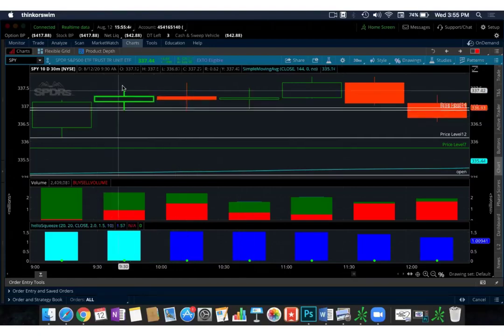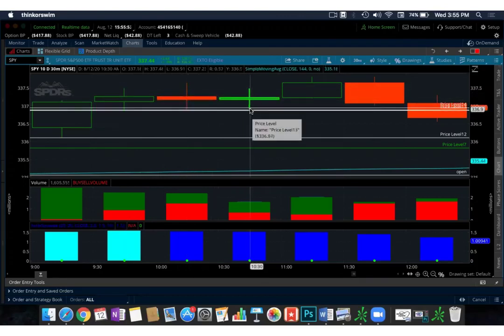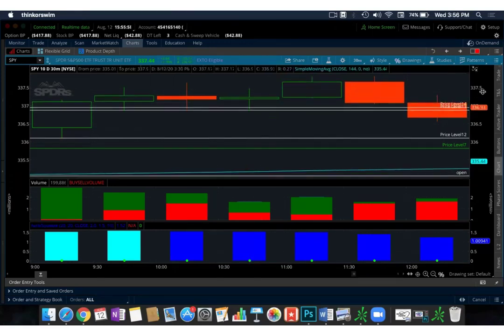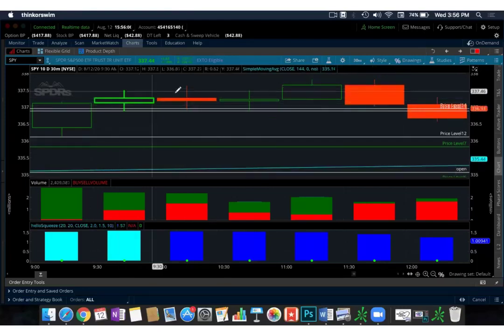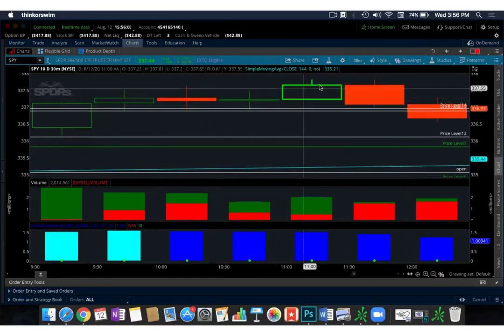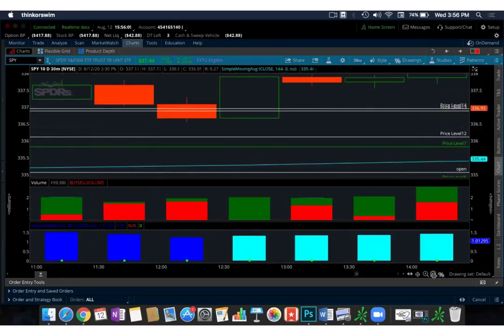As we got over it, it started wanting to come back down to test it. We wanted to test it again. It wanted to test it again. And I thought we were going to break down below this 336 mark. Instead, we broke out to the upside. So we took out these three previous time frames' highs. And then again, we went down to test it. Once we broke it, sorry, let me zoom out a little bit.